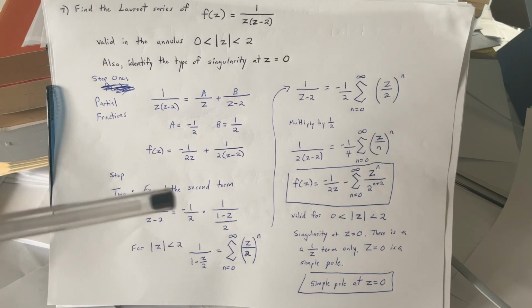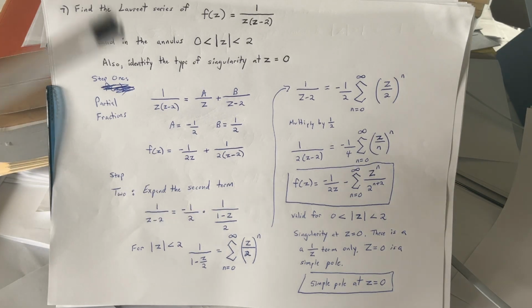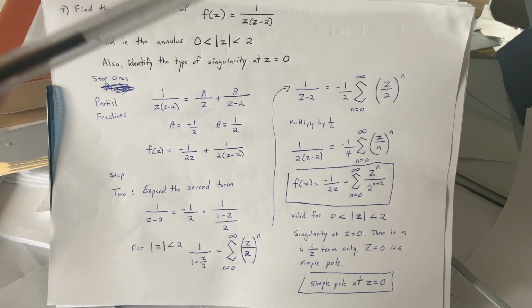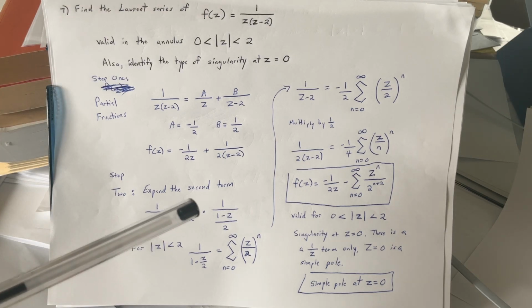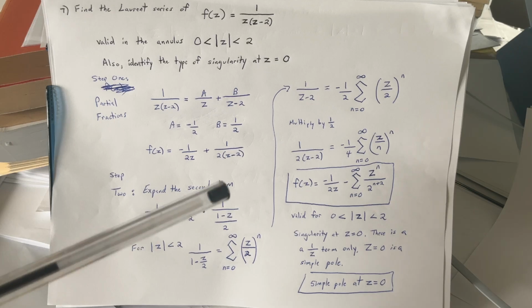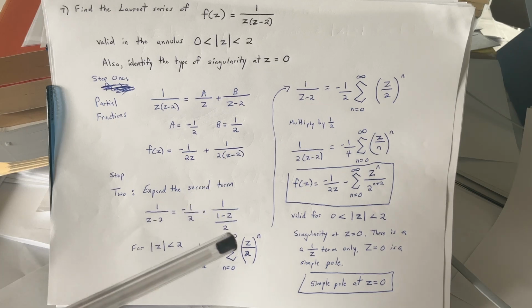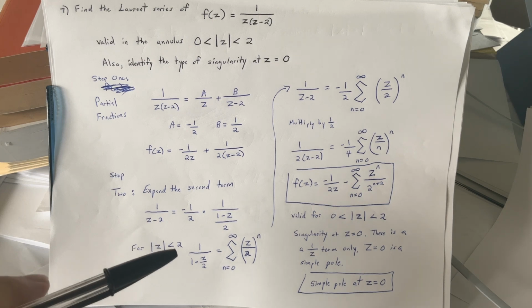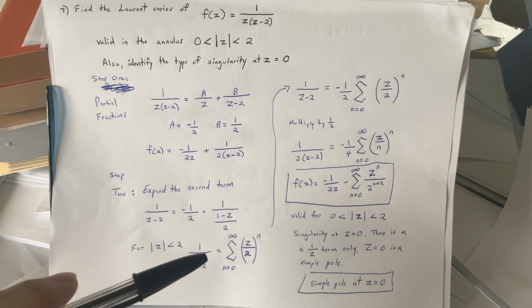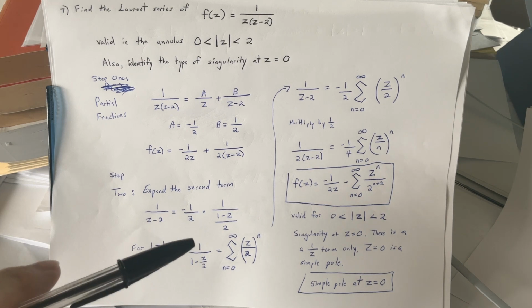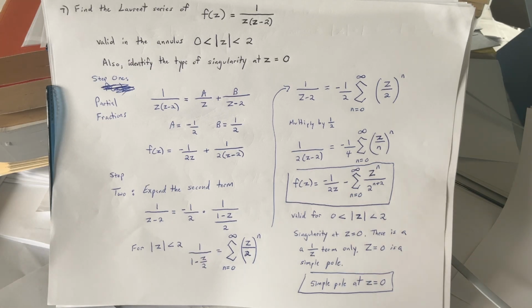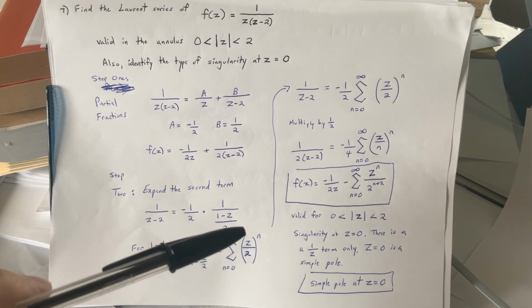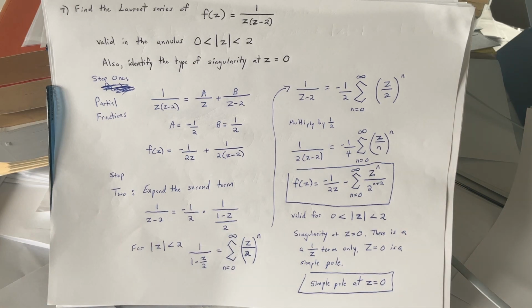Step 2, we want to expand the second term. 1 over z minus 2 equals -1 over 2 times 1 over 1 minus z over 2. For modulus of z less than 2, 1 over 1 minus z over 2 becomes the series, n equals 0 to infinity, of z over 2 raised to the n.